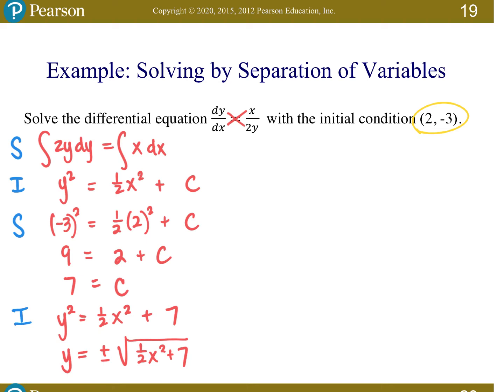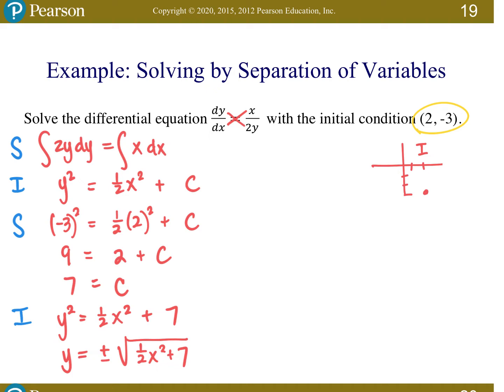And again, we look at our initial condition. And the initial condition is 2, -3. And can you picture where that is on a graph? Where is 2, -3? What quadrant? Can you picture where you would go? Actually, this is the first quadrant, and that's not where 2, -3 is. 2, -3 is right here.